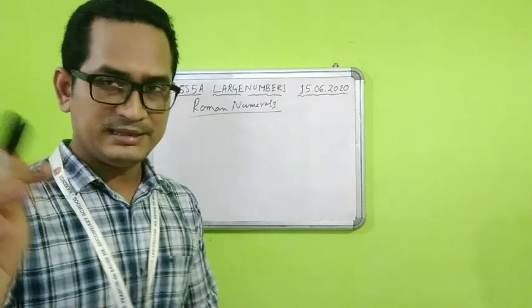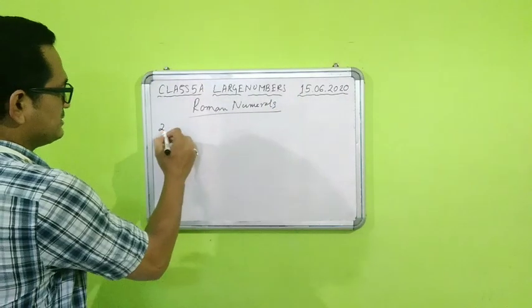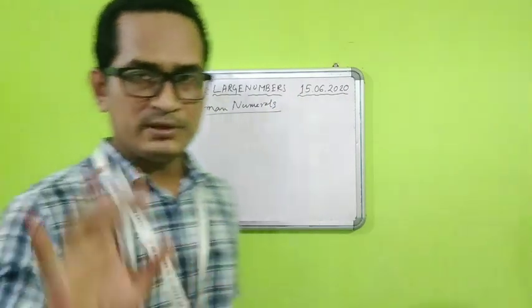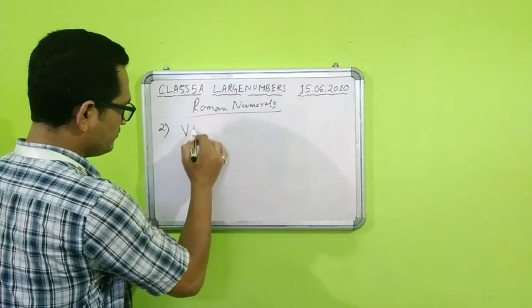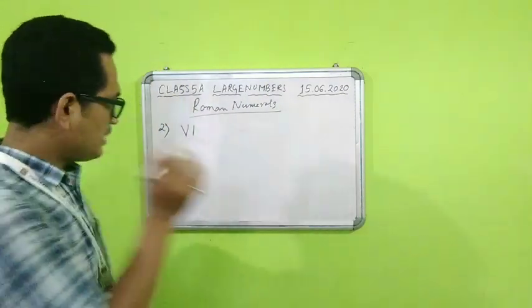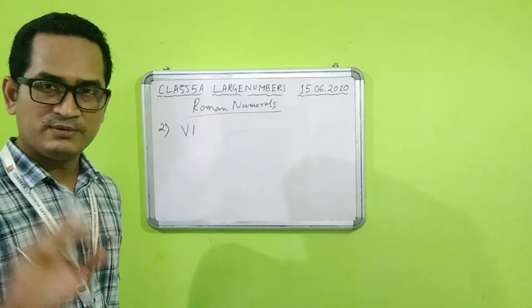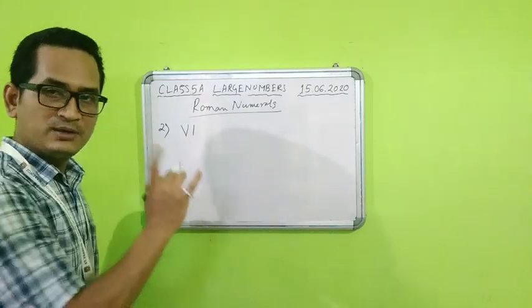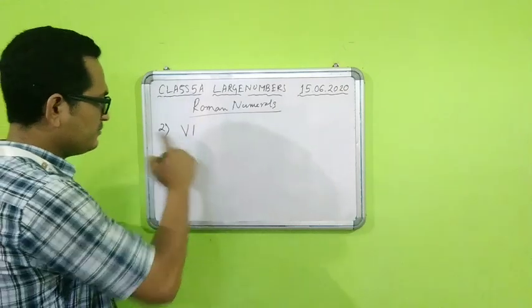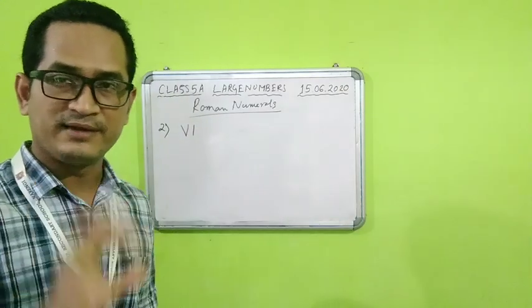Now rule number 2 says, please read the sentence: if a symbol of lower value is placed after the symbol of a greater value, the values are added. Let us understand first. They are talking about a lower value and a greater value. I will give you an example. Suppose I am writing VI. Out of these two symbols, one has lower value, one has greater value. Which one is lower? I has the lower value because I means 1, and V has the greater value, V means 5.